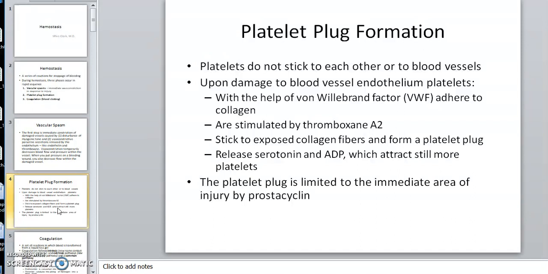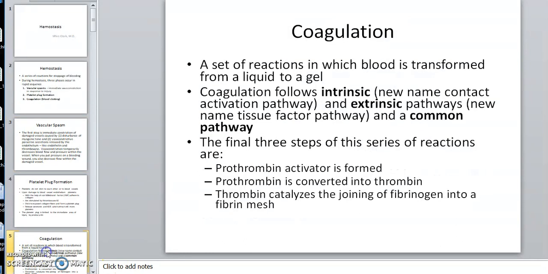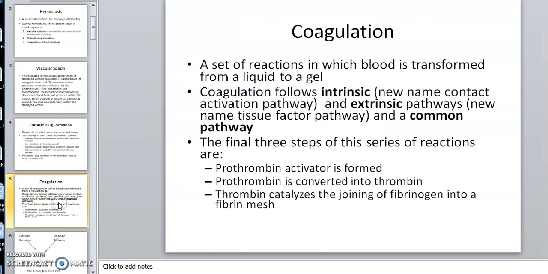But when they start releasing some of their chemicals, they can help with vascular spasm, and they even have a few clotting factors in them. Okay? So the platelets are very vital in the whole role of hemostasis, as we alluded to earlier in a video. Now we come to coagulation.